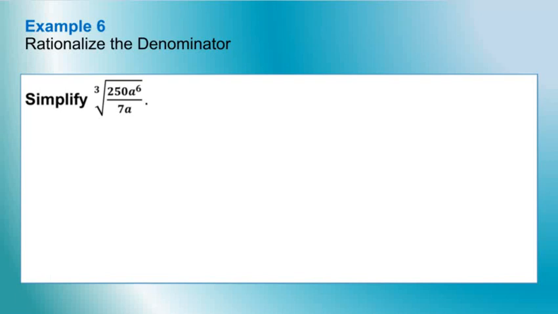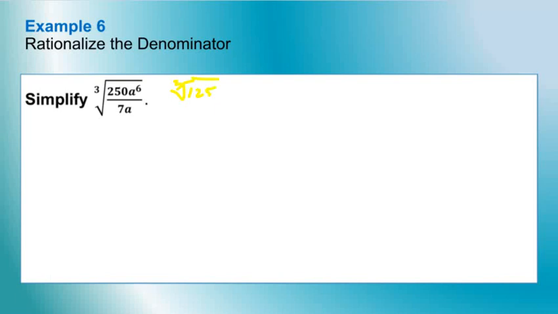Let's see, 2 cubed is 8, so 250 divided by 8 does not work. 4 cubed is 64, so 250 divided by 64 does not work. 5 cubed is 125, and 250 divided by 125 is 2, so that would work.